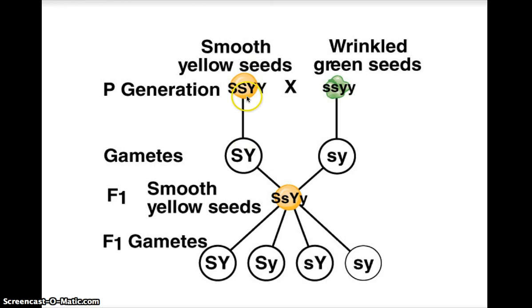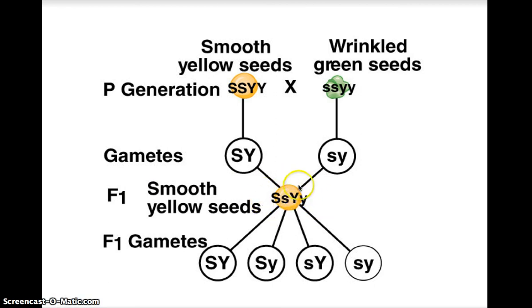And so when you have a smooth yellow seeded plant crossed with a wrinkled green seeded plant, you will end up with no other possibility other than getting one of these little s's combined with one of these little y's in the gametes, and you'll end up with something heterozygous for both. And we'll talk more about how that works. But what we want to look at right now is what the possibilities are of this heterozygous individual for both traits.